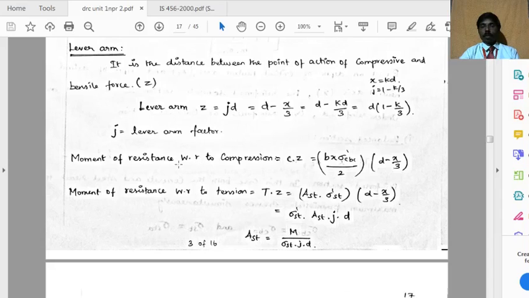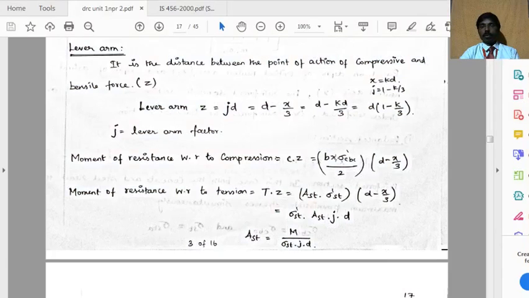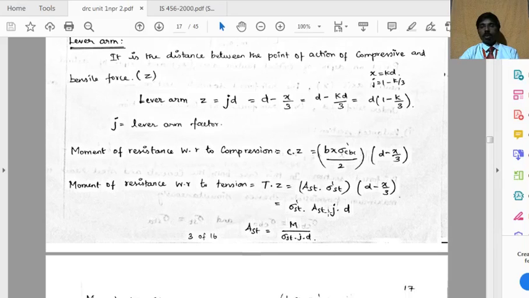We have written the moment of resistance with respect to compression as C into Z, which is equal to B x sigma CBC dash divided by 2 into d minus x by 3. Likewise for the tension, T into Z is equal to AST into sigma dash ST into d minus x by 3, which is written as sigma dash ST into AST into J into d. From that, the area of steel reinforcement is calculated as M divided by sigma ST into J into d.